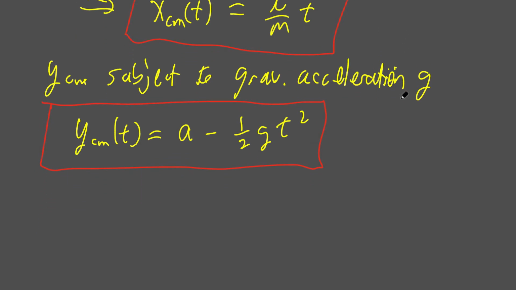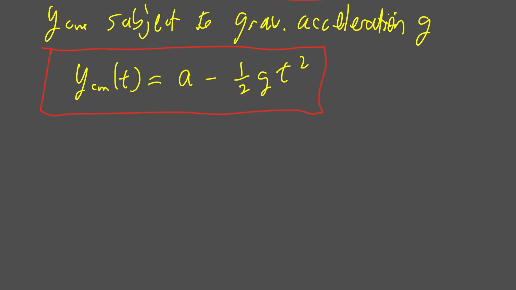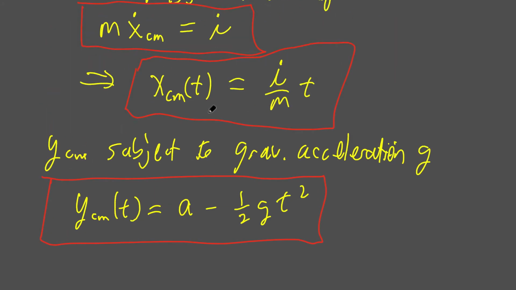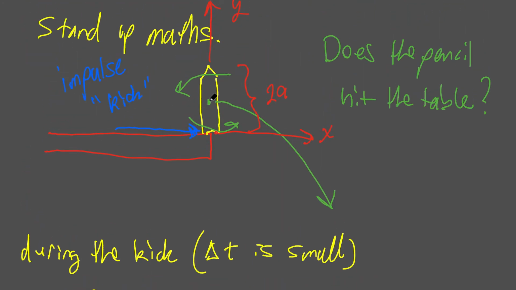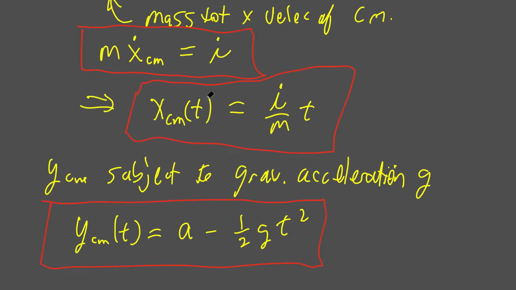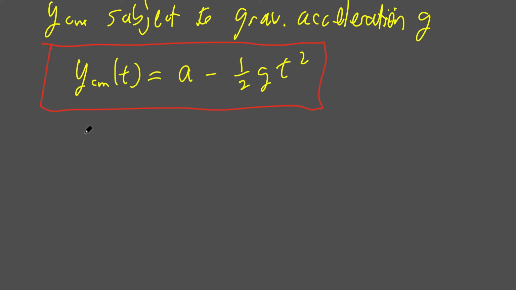And now for the rotational motion, we can see here that the force is being applied at a distance a from the center of mass. So we find that using Newton's second law in angular form, dL/dt equals tau.